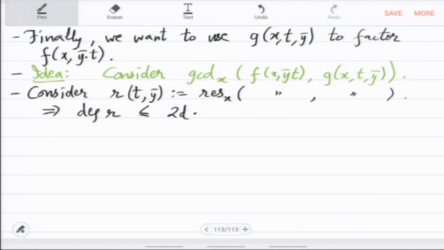So let me write that. So recall that with respect to x it is d, with respect to t it is d, and with respect to y bar it was 6d^5. So which we can say is at most 7d^6.